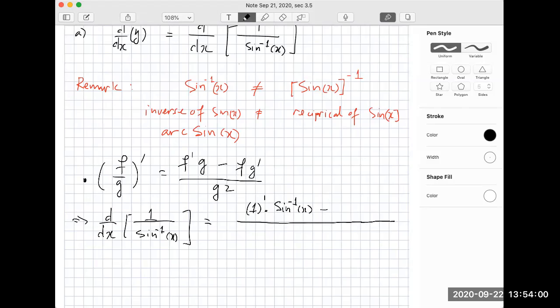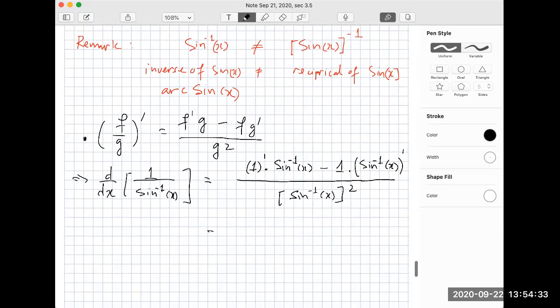Minus 1 times the derivative of sine inverse here, right? The number 1, we just rewrite it here. And the denominator squared, which is sine inverse, and then squared. Okay? Very good. We didn't do anything new, just apply the formula.